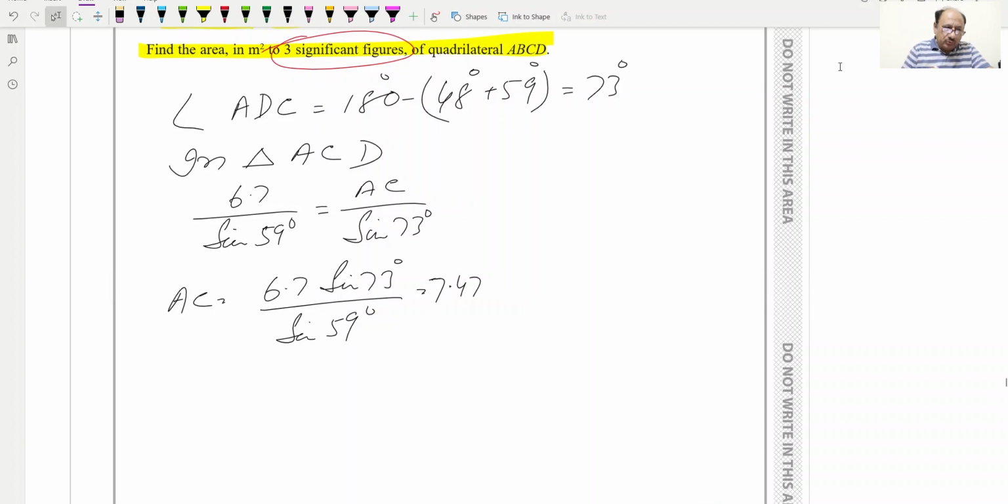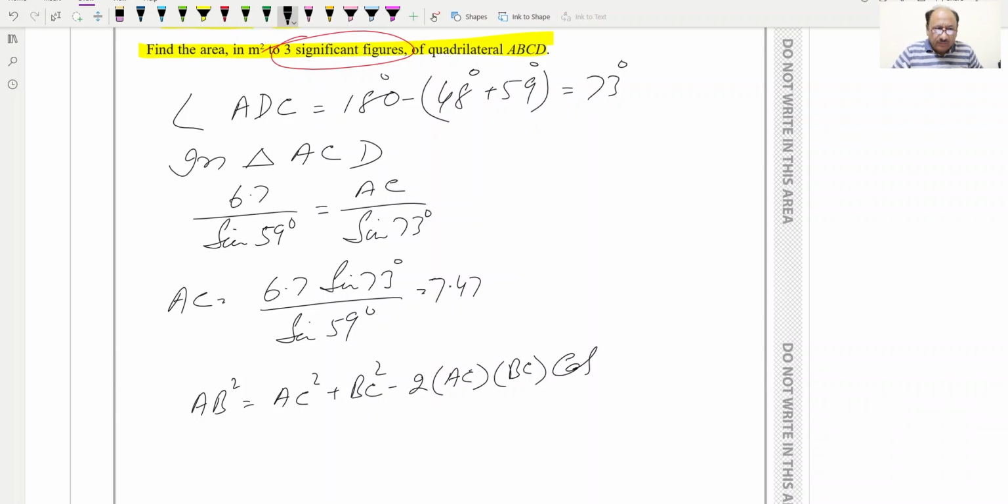So I will write the cosine rule: AB squared is equal to AC squared plus BC squared minus 2 into AC into BC into cos of angle ACB.